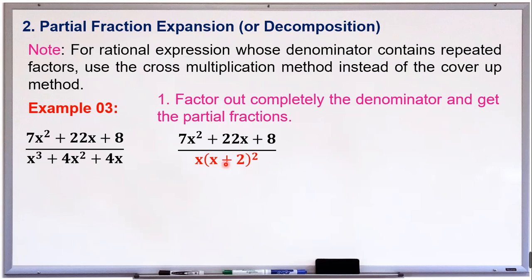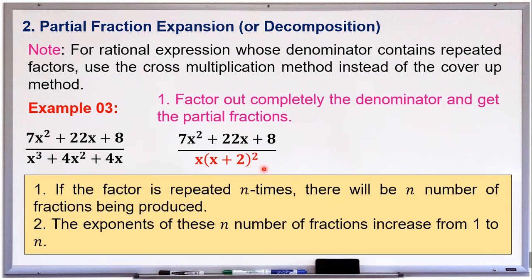So for the first factor, that is x, the degree is 1, therefore we take the constant value a. Then for the second factor, that's x plus 2, so we have b. Then for the third partial fraction, that is x plus 2 squared, and still the degree is 1, so we use c.